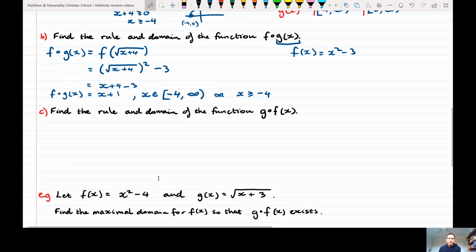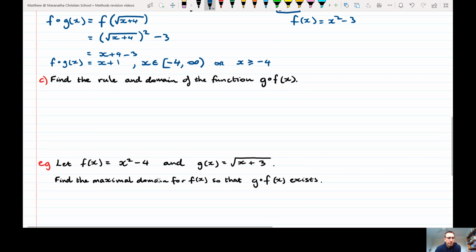So find the rule and domain of the function g of f. This time we're going to replace x with f. So we know g of x was equal to root x plus 4. Wherever I see this x value, I'm now going to replace it with x squared minus 3. Just as if I had g of 1, I'd replace x with 1, but now I'm doing it with the whole function.